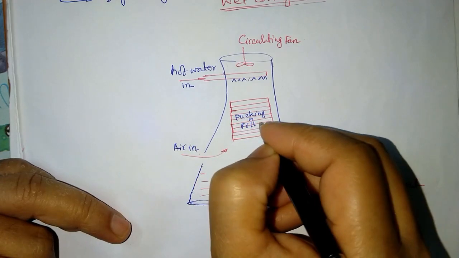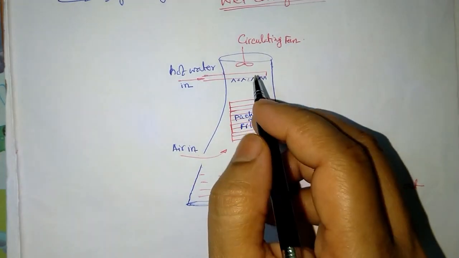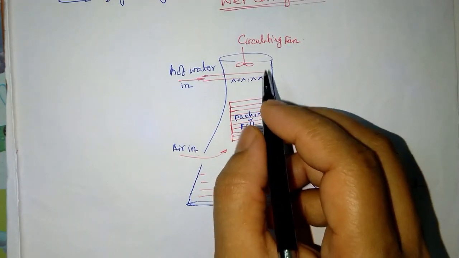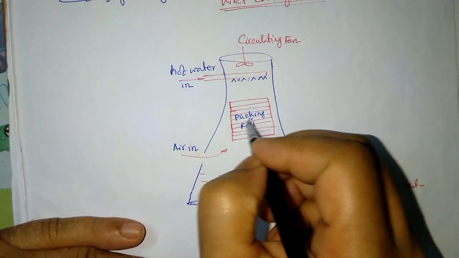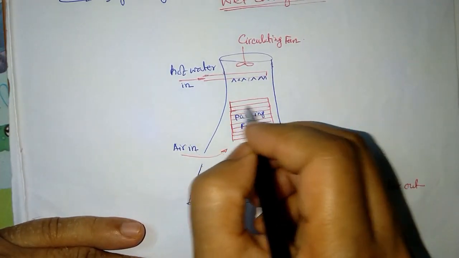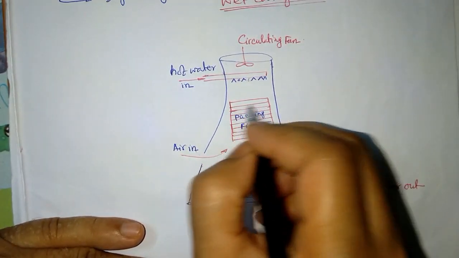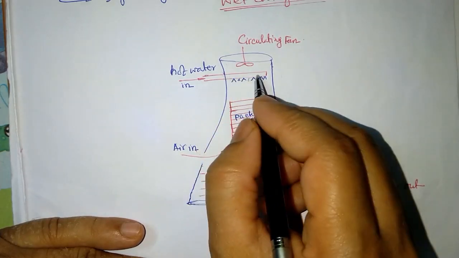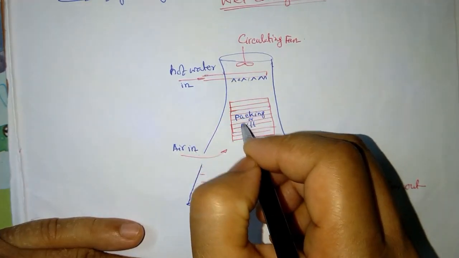The water is showered or sprayed over a lattice of horizontal slats or bars. There are a number of horizontal bars, and from the top water is sprayed onto them.